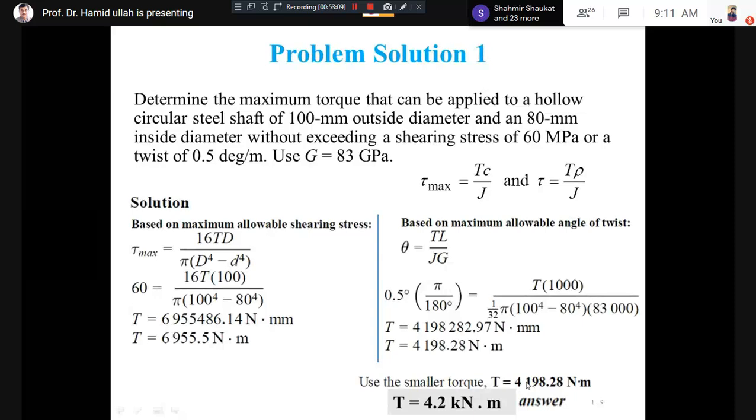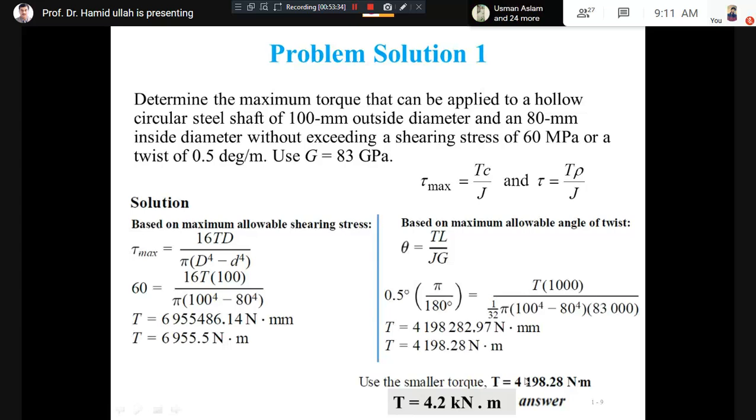This is for sure the maximum torque, but it is based on angle of twist, because this is the formula we have used. Here on the left side, this is also a maximum torque, but this maximum torque is based on another thing: the maximum shear stress. On one shaft, what maximum load can we apply?